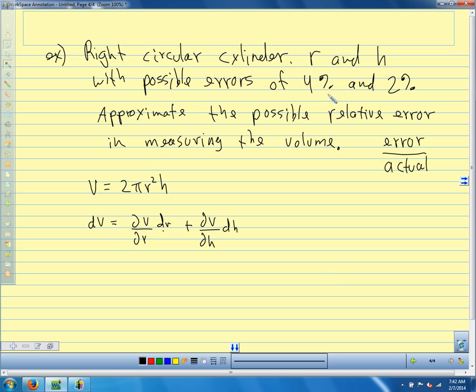And these 4% and 2% errors in the measuring of the radius and the height, those are relative errors. So dr over r is 0.04. That's what we mean by a 4% error. Our error in measuring the radius divided by the actual radius is 0.04, and dh over h is 0.02.